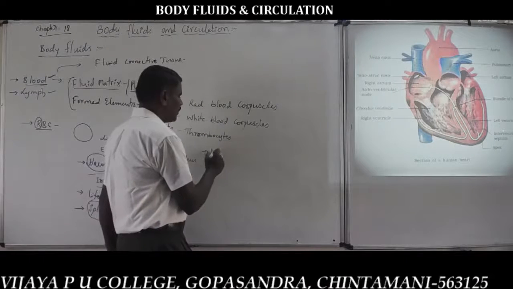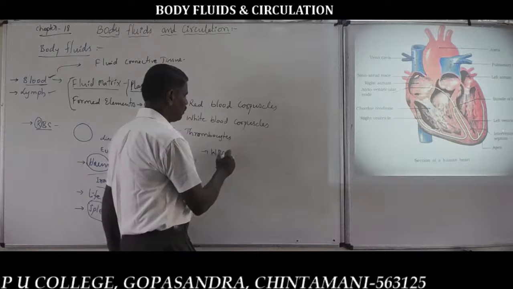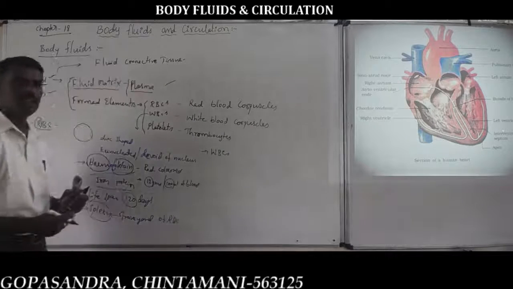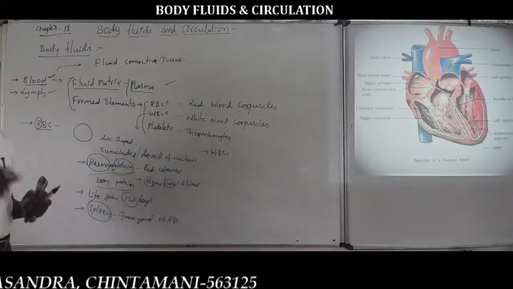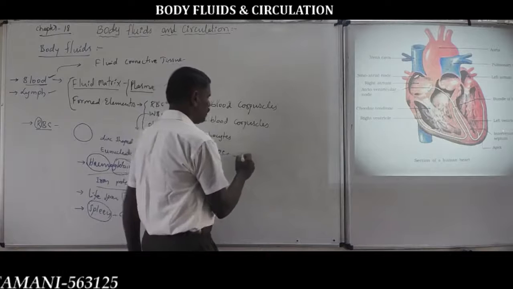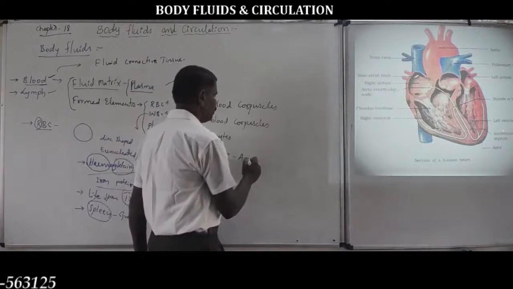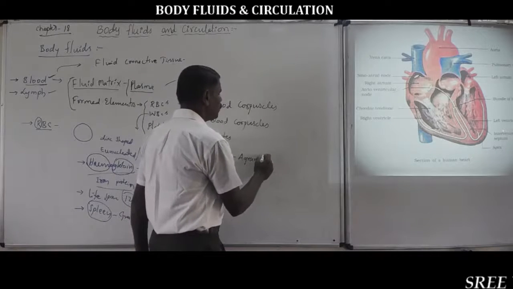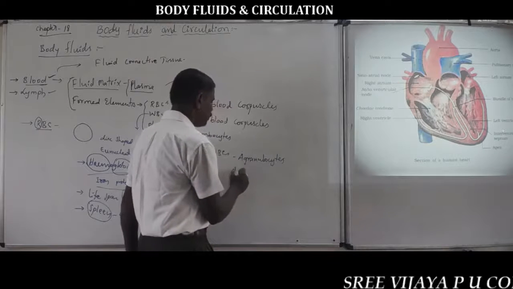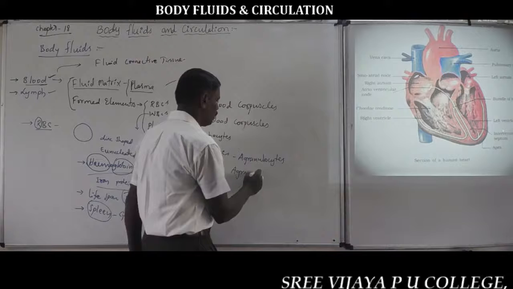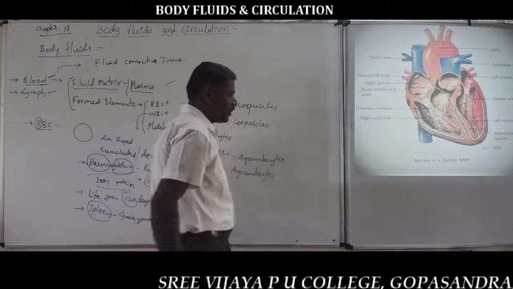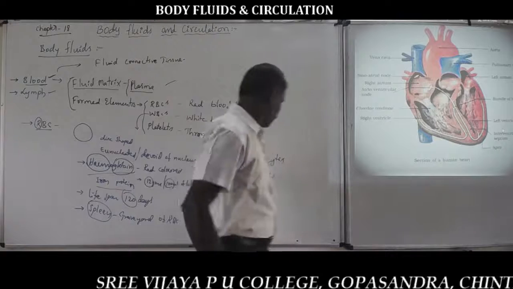In the WBCs, there are two important types: granulocytes and agranulocytes.